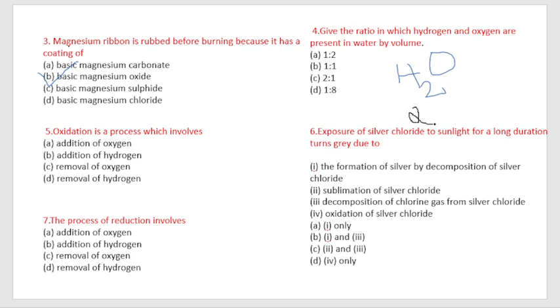Hydrogen is 2 in number and oxygen is 1 in number. So clearly it is 2 to 1. If just the reverse is asked, oxygen to hydrogen ratio, you have to write it as 1 to 2. So be careful while reading the question. So this is your answer.